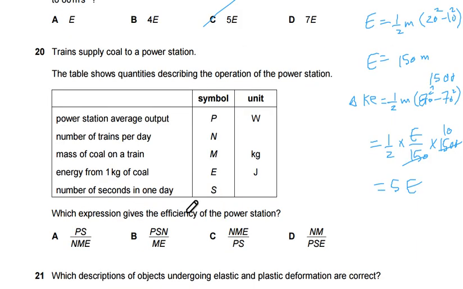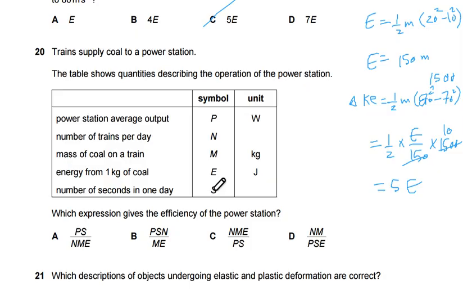To find the efficiency, we need the useful output power over the input power. So we have here the average output power, and to find the input, we will use the energy from 1 kg of coal, which is E, times the mass of coal, divided by time.